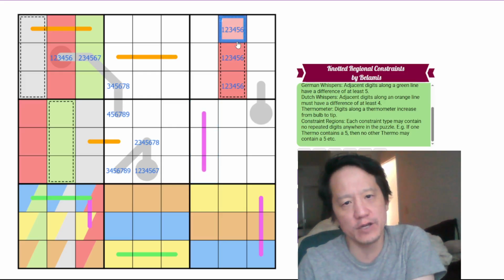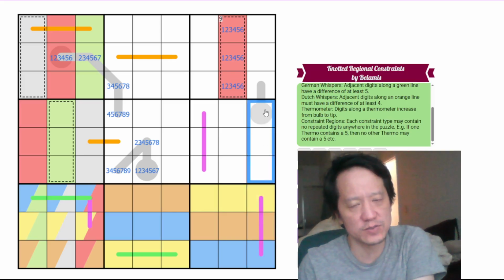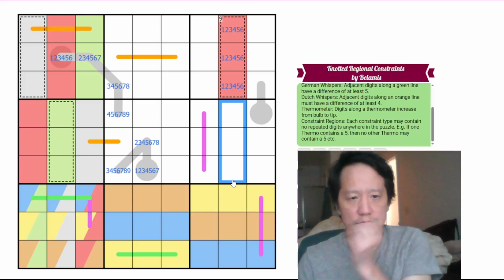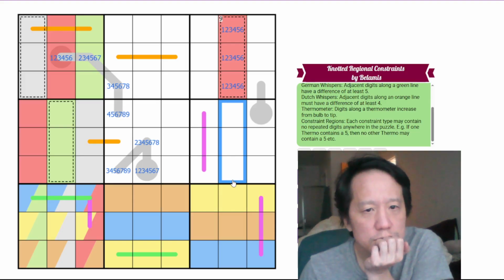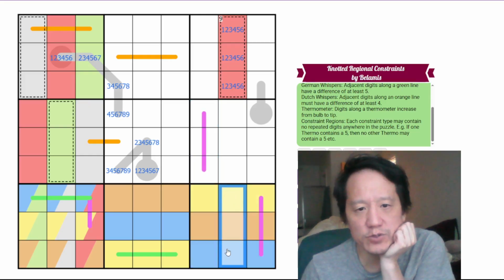Okay, so the Ren band, this one cannot be the same as this one, and it cannot be the same as that one. So this one has to be the same as that one. This one obviously cannot be here, so it must be here.